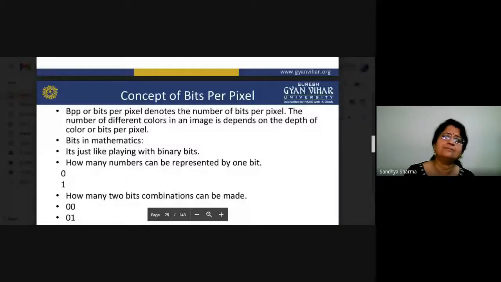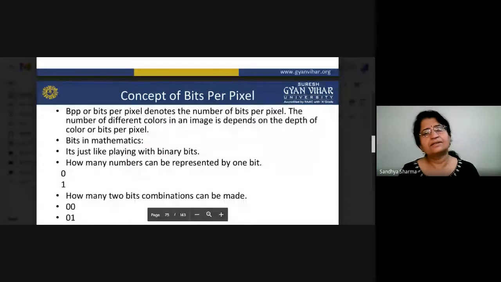The number of different colors in an image depends on the depth of color, or bits per pixel. If you increase your number of bits, you have a larger range with which you can represent different colors.